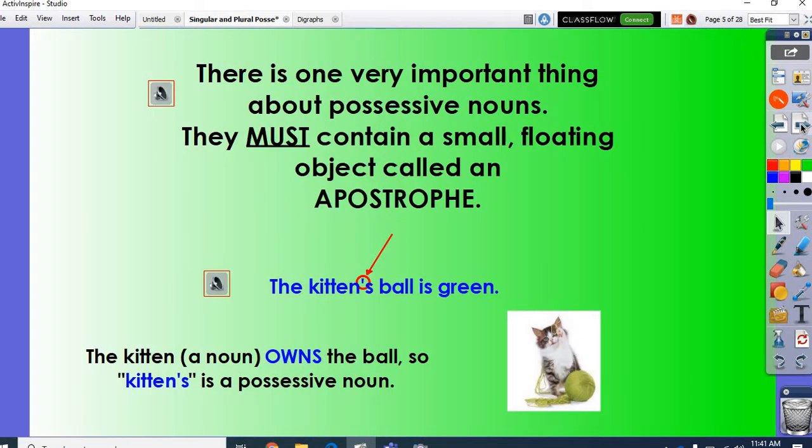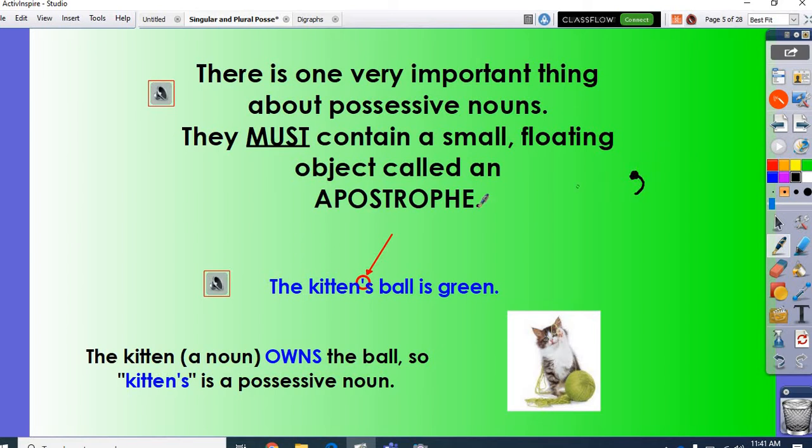Alright, so there's one very important thing about possessive nouns. They must contain a small floating object called an apostrophe. You see the apostrophe right here? Good. And I'm going to draw an apostrophe a little bit bigger just so you can see what it looks like. An apostrophe looks like a period kind of, except it kind of has a tail, like a curvy tail.